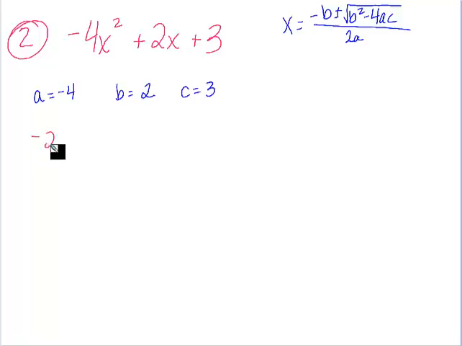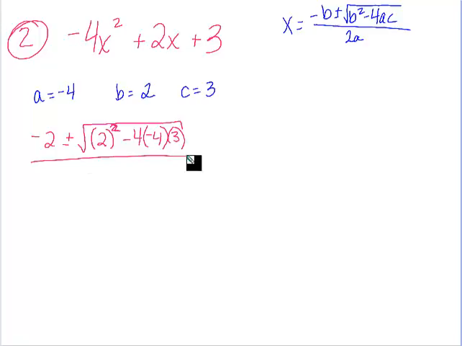Okay, so negative 2 plus or minus the square root of b squared, what would that one be? 2 squared minus 4 times, what's our a? Negative 4. And what's our c? 3. All over 2a. So 2 times negative 4.